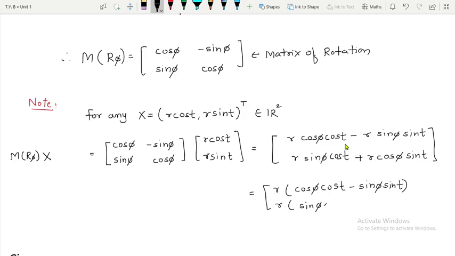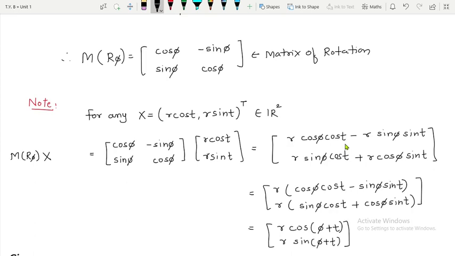That formula we are supposed to use. So I hope you remember, it is cos of phi plus t, and this is r sin of phi plus t.